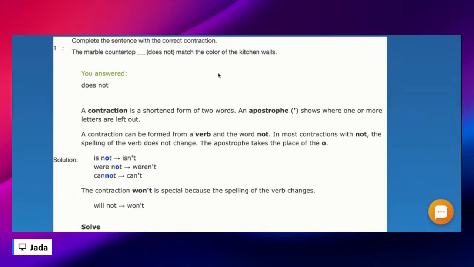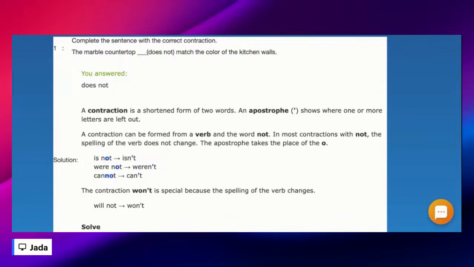Like we've said, a contraction is a shortened form of two words. An apostrophe shows where one or more letters are left out. So the apostrophe is important because it shows you where something was left out.